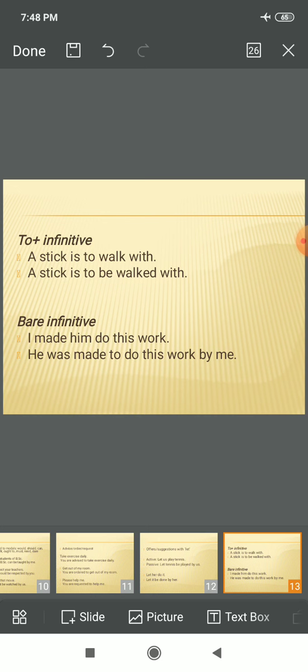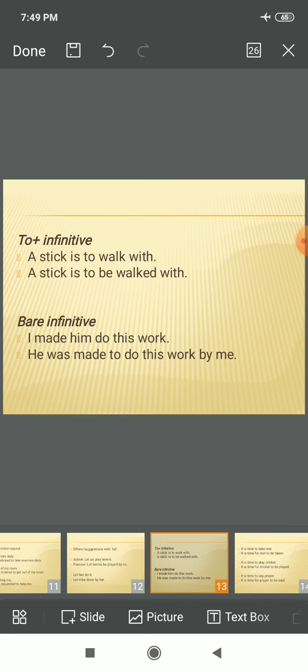So when I change it into passive, it becomes a little bit humble sentence. It becomes a sentence in which the blame would not come upon me, right? So see, he was made to do this work by me. Him is the first object. Him would become he, right? He was made to do this work by me. Right? I hope that's clear.